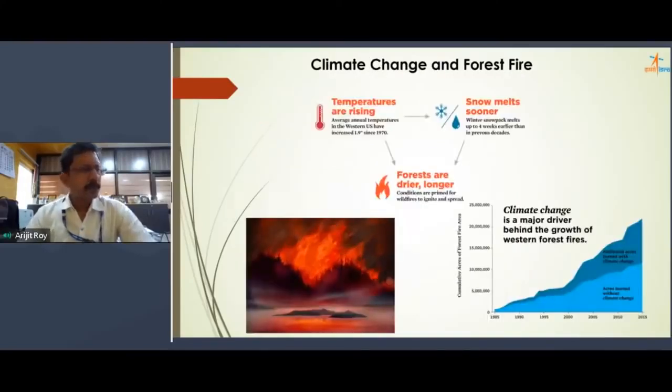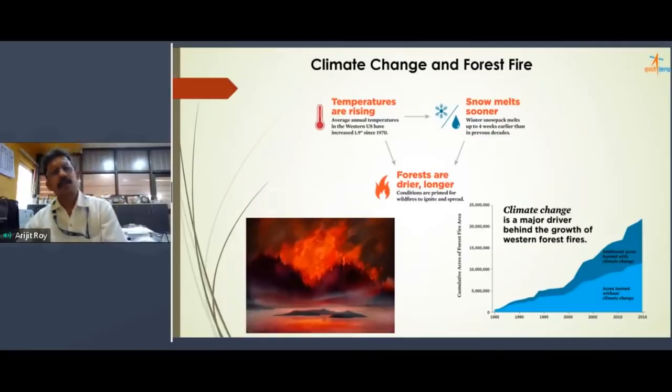But we are observing a higher frequency of forest fire in the last few decades. Is climate change playing a role in it? The answer may be yes.